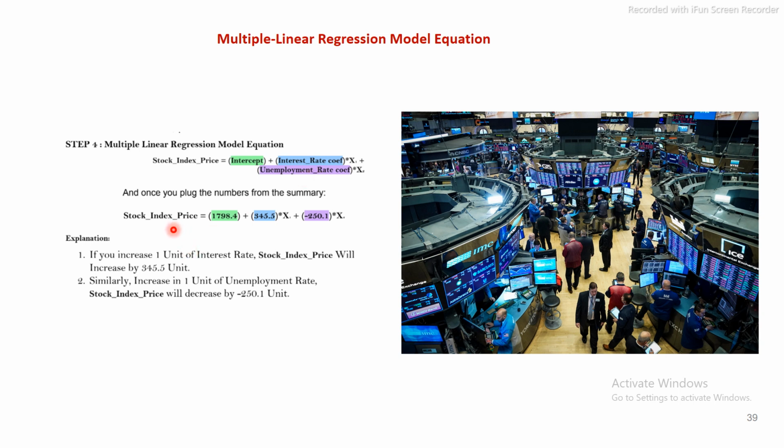So how are you going to explain this? If you increase interest rate by 1 unit, the stock index price will increase by 345.5 units. Maybe in exams, if this line is given, this is how you interpret it.